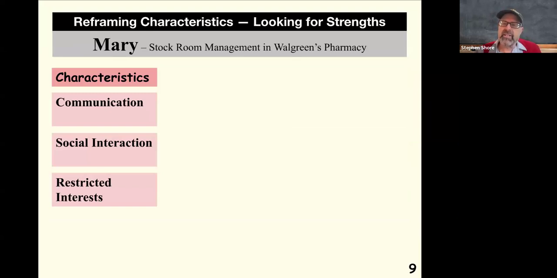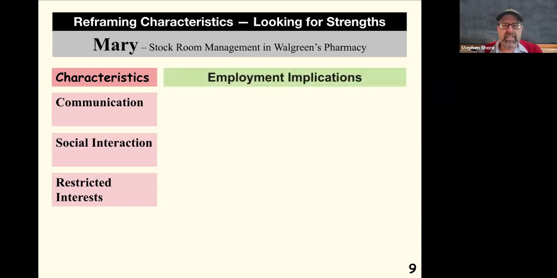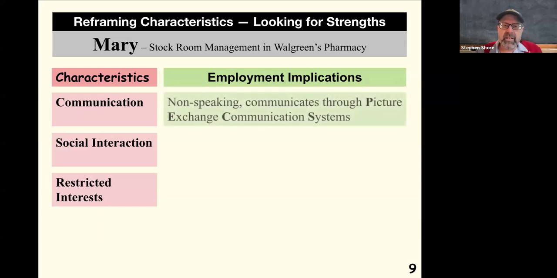And her job is to receive items from shipping and match that item number to the same number that's on a shelf and place it on the shelf. So again, those characteristics, differences in communication, social interaction, restricted interests, or passions, rephrased as passions. What implications does this have for her employment?